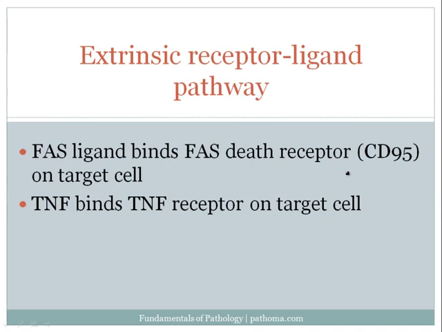And this becomes a very high yield way by which this pathway can be tested. Another example would be tumor necrosis factor binding tumor necrosis factor receptor on a target cell. But for me, the high yield is Fas ligand Fas death receptor in the context of negative selection of T cells in the thymus.